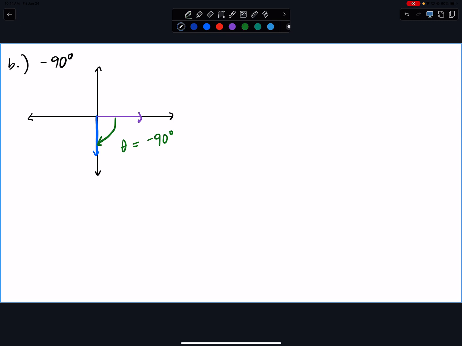All right, C. All right, let's do 225 degrees.